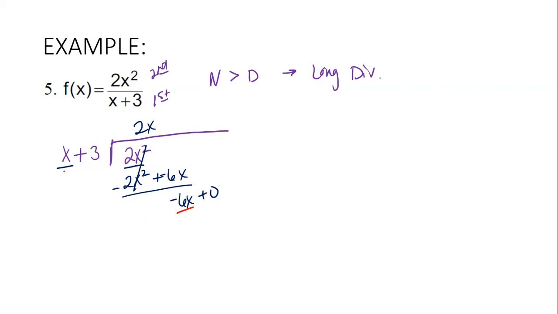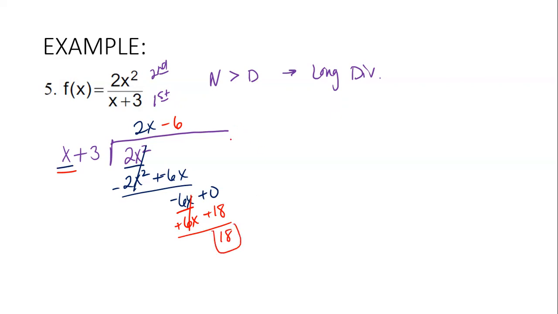What is negative 6x divided by x? Negative 6. Now we're going to multiply. Negative 6 times x is negative 6x. Negative 6 times 3 is negative 18. And when you subtract, you're changing the signs. Cancels, and I'm left with 18. 18 is my remainder.